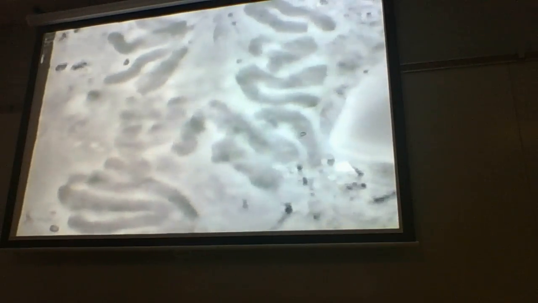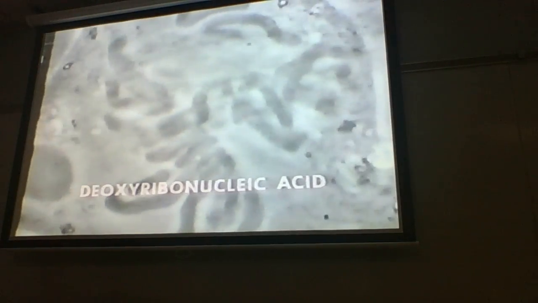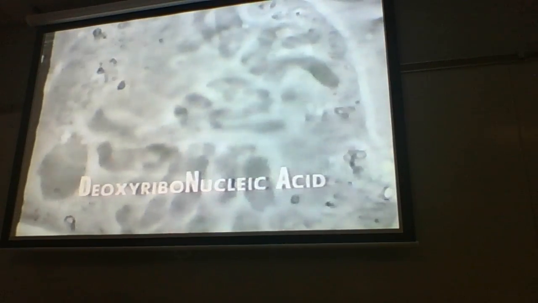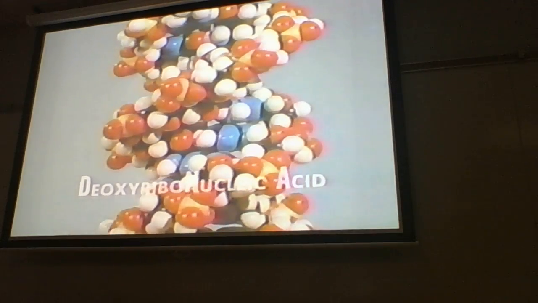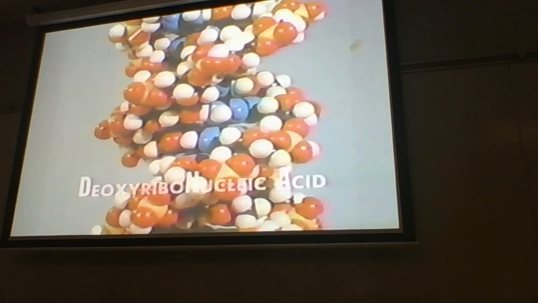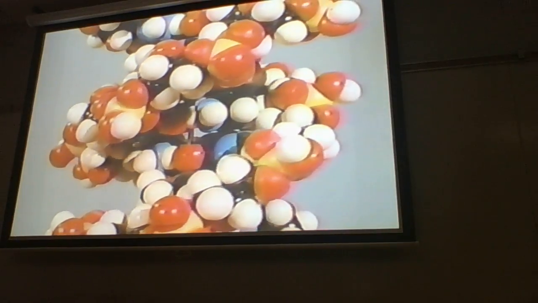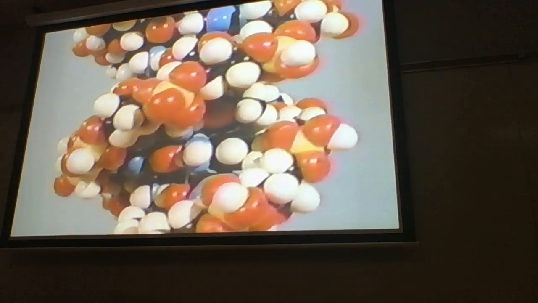The biochemist has learned to collect chromosomal material from cells and has found that it is composed of deoxyribonucleic acid, or DNA.